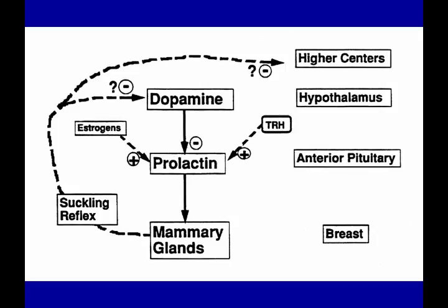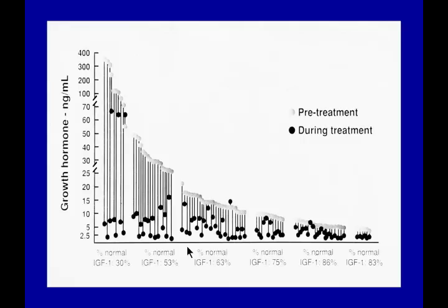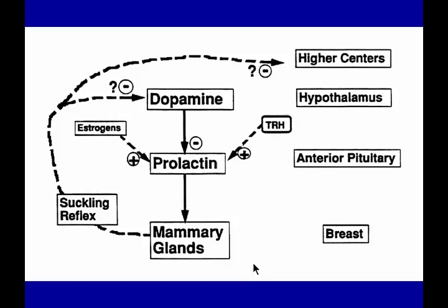It does not cause the breast to enlarge. It only causes the breast to make milk. Many other factors are involved. You must have estrogen. You must have other factors. But without prolactin, you cannot make milk.